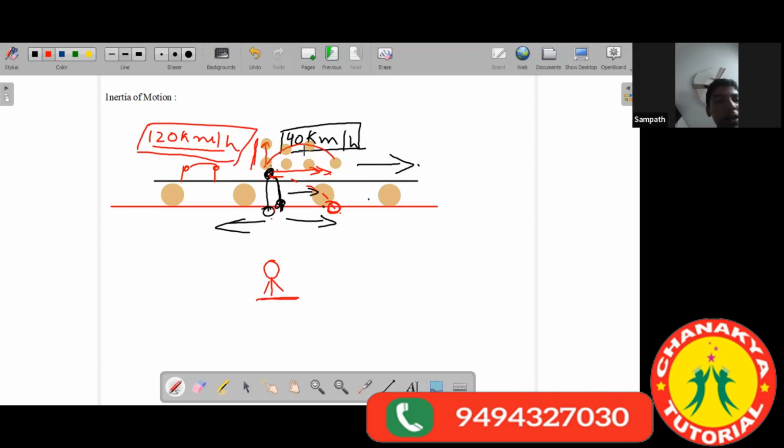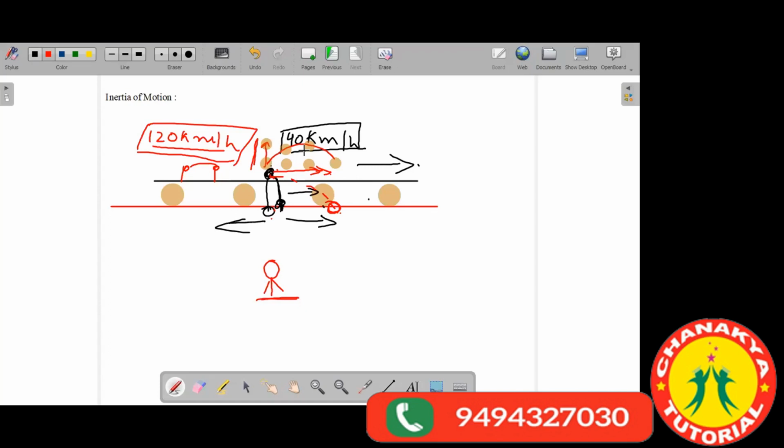Sir, we will continue to move in the direction the Earth is rotating. Yeah, we will continue to move and we will fly off in air. All of us will fly off in air, due to the inertia of motion.